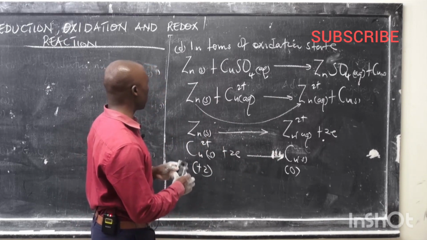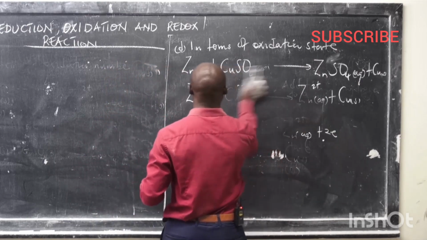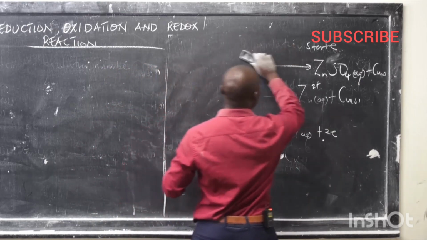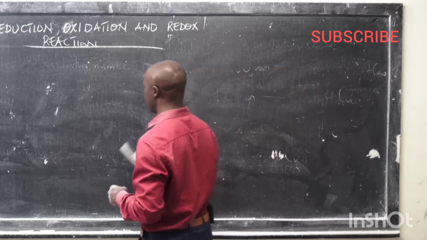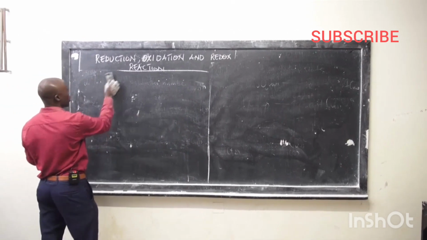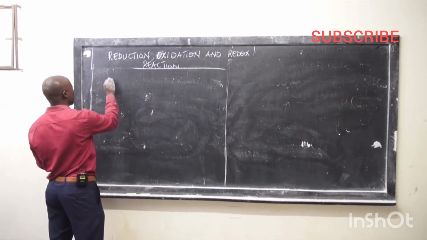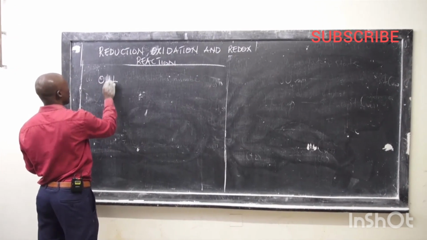Allow me to dive into the last part of this discussion, called redox reactions. But before that, let me summarize something for you, a mnemonic to remember oxidation and reduction in terms of electrons. We have a mnemonic called OIL RIG.